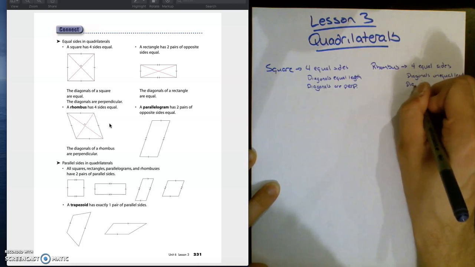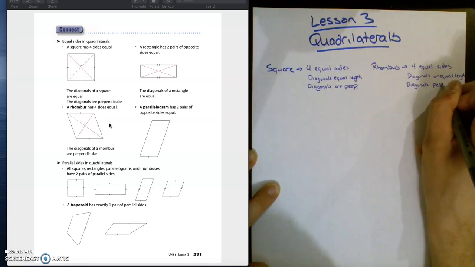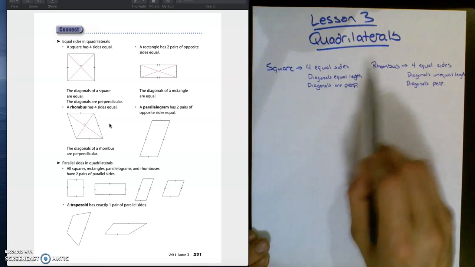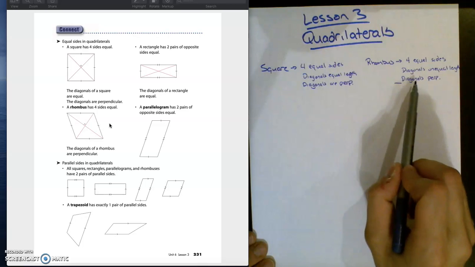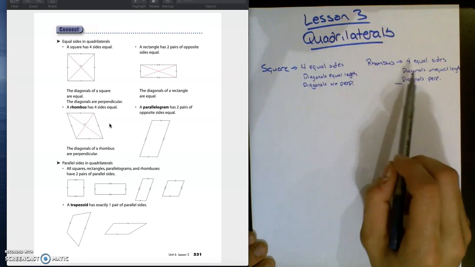So the diagonals are perpendicular. Both a square and a rhombus have 4 equal sides. They both have diagonals that are perpendicular, but in the square the diagonals are equal length, and in a rhombus the diagonals are unequal length.